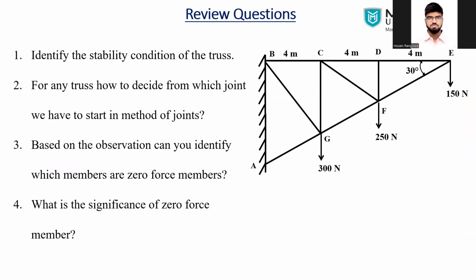We have not discussed the stability condition because the aim of today's session is just the analysis of the truss using method of joint. And right now, as we are learning about determinate structures, we have not discussed it, but you have to think about it as it is a little bit different from what we have calculated earlier. So you may think about it, calculate, and comment the answer on this video.